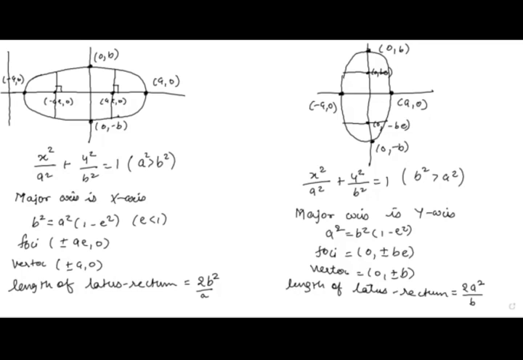Now, equation of directrix. You will have two directrix over here. It will be x is equal to plus minus a by e. This will be x is equal to a by e, and this is x is equal to minus a by e, whereas here the equation of directrix is y is equal to plus minus b by e.